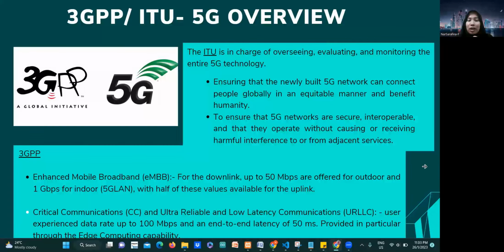In addition, we must abide by the critical communication, CC, or ultra reliable and low latency communication, which in other words is having an extremely high reliability as expected. So the user can experience the data rate up to 100 Mbps and end-to-end latency of 50 ms, for example, the application through the edge computing capability.